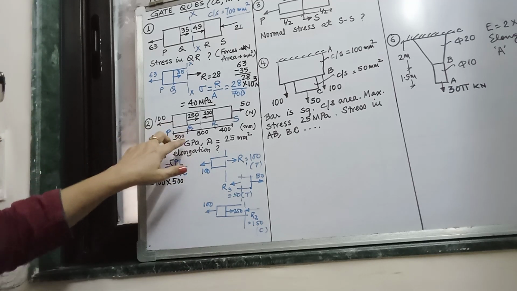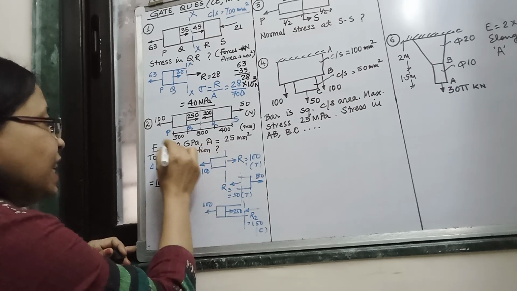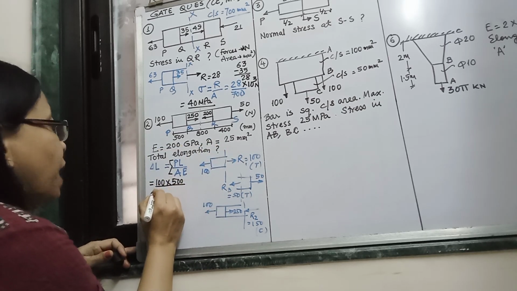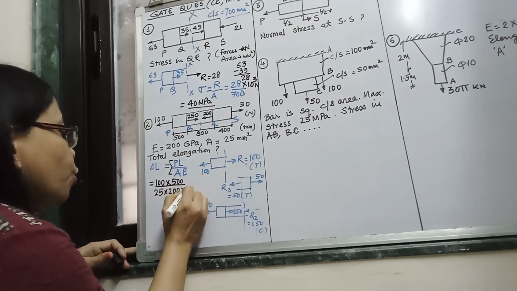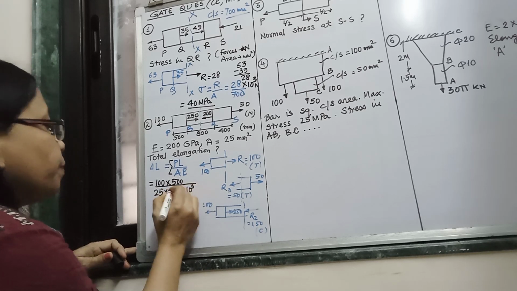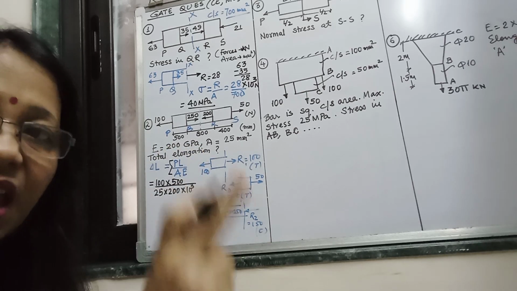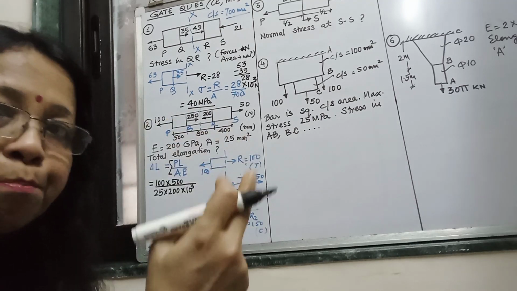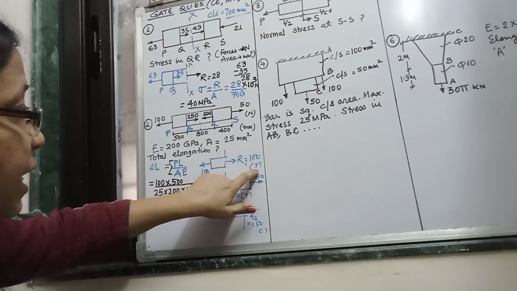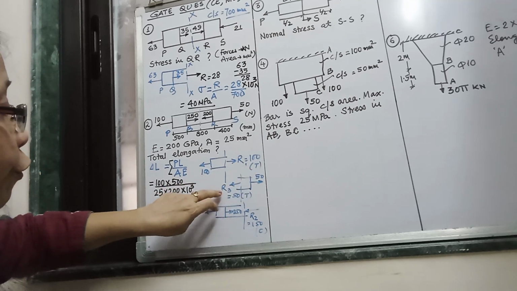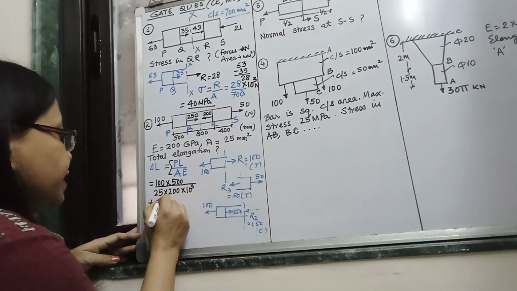For the third part the length is 500, and you keep A and E. A is 25, E is 200 into 10 cube, converting GPa to MPa, since 1 GPa is equal to 10 cube MPa. This is for the first part, and it will be positive because this is tension. For the third part, again it will be plus as it is tensile.